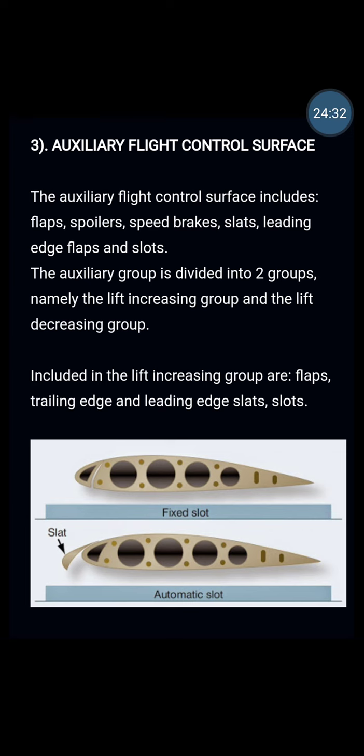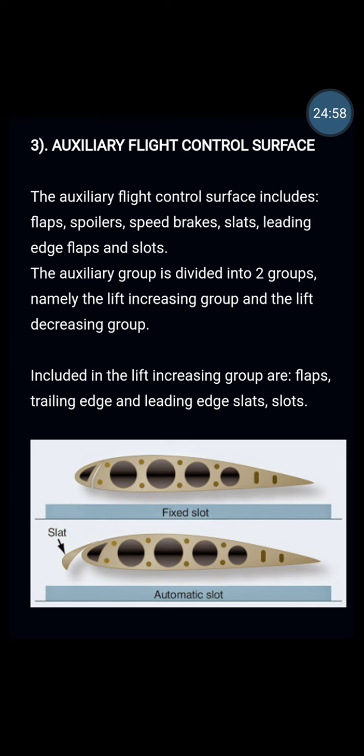The auxiliary group is divided into two groups, namely the lift increasing group and the lift decreasing group. Included in the lift increasing group are flaps, trailing edge, and leading edge slots.